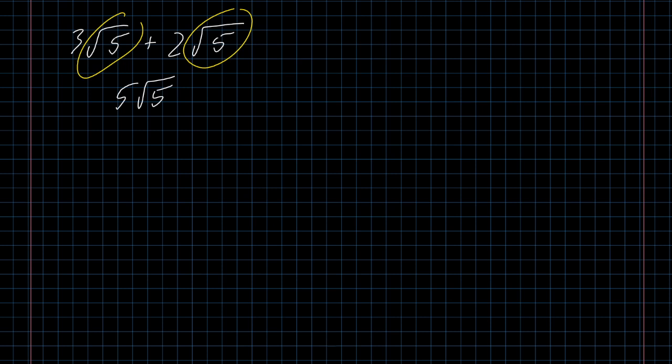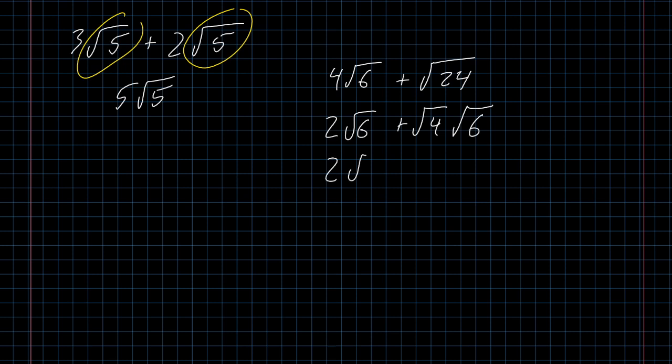This can become a little bit tricky because sometimes the radical is hiding from us. Right? Something like 4 times the square root of 6 plus the square root of 24. Well, we've seen in a previous video, the square root of 24, we can rewrite that as the square root of 4 times the square root of 6.